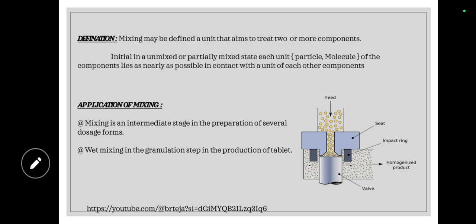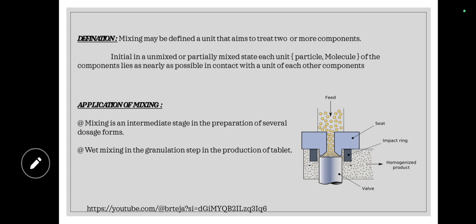Initially, in unmixed substances, like the unmixed soluble content, pharmaceutically a simple example is the feed you prepare for tablets. Mixing is helpful for homogenization equipment in this chapter.